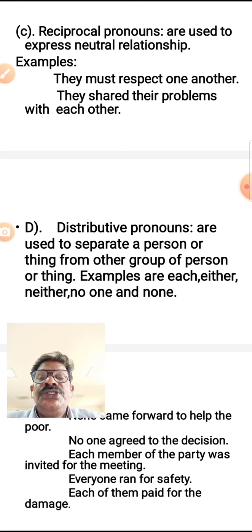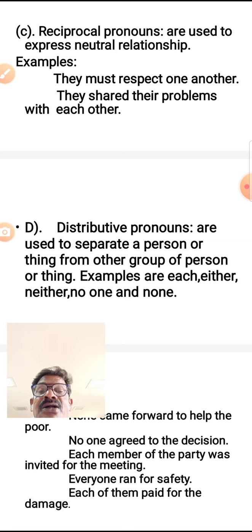These are used to separate a person or thing from another group of persons or things. Examples are each, either, neither, no one and none.